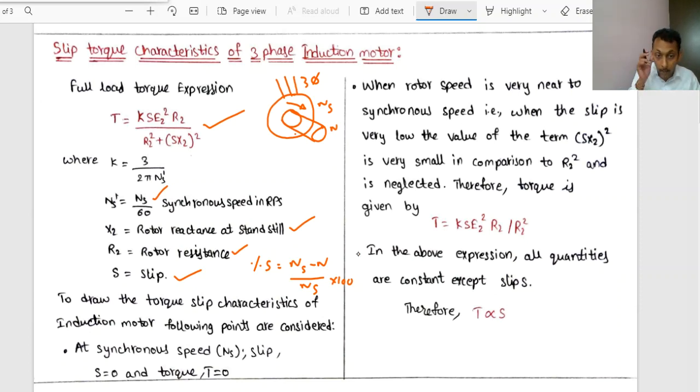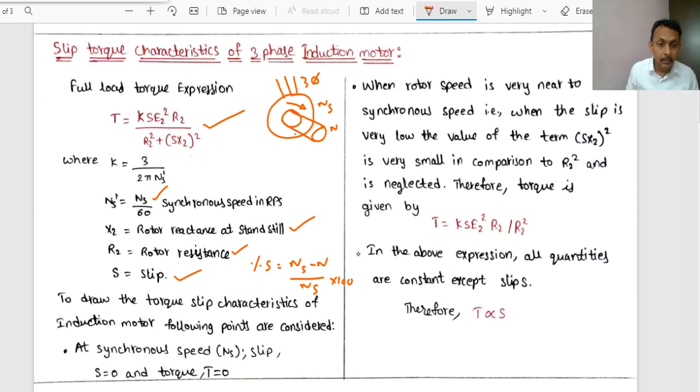Now in order to obtain the torque slip characteristics of the induction motor, we have to consider some points. For example, as and when the rotor is also rotating with the synchronous speed, then what happens? The value of slip becomes 0, because when this N becomes equal to Ns, the value of slip S becomes 0.